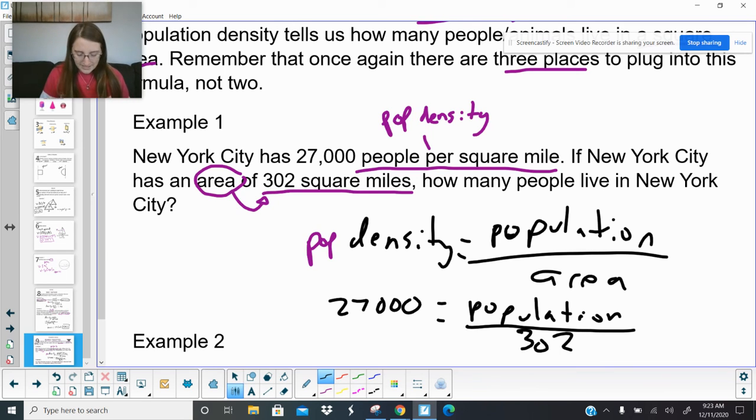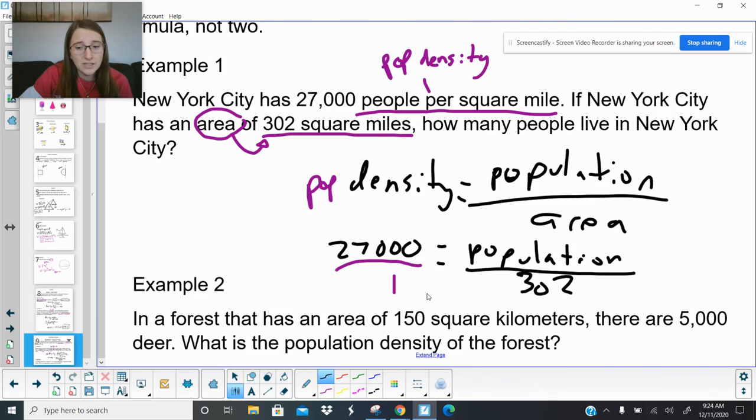It would not make sense for me to divide 27,000 by 302 because I get 89 people. 89 people do not live in New York City. A lot more do. So think about what makes sense also. It makes more sense to multiply, which is actually what's going to happen here.